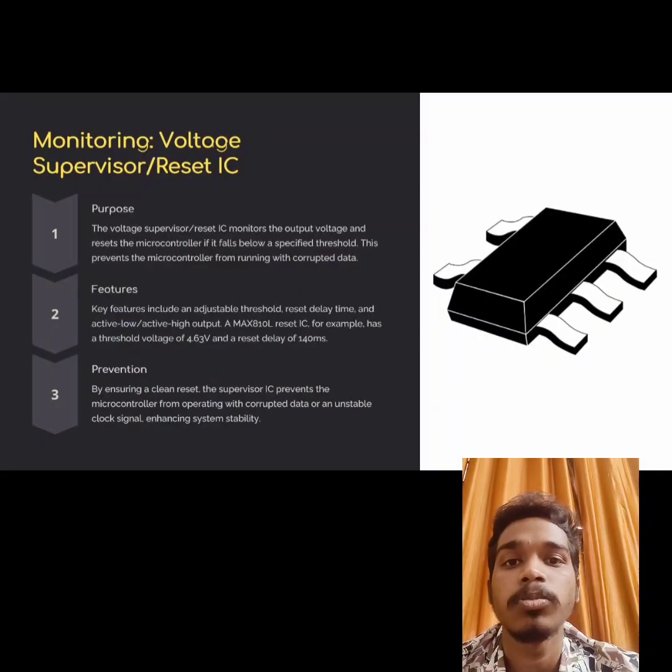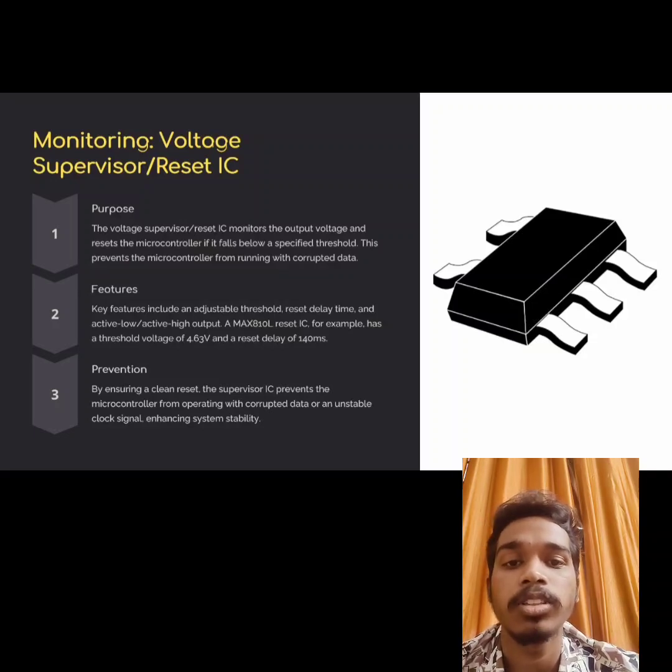So sixth is monitoring, voltage supervisor reset IC. First is purpose. The voltage supervisor reset IC monitors the output voltage and resets the microcontroller if it falls below a specified threshold. This prevents the microcontroller from running with corrupted data. Second is features. Key features include an adjustable threshold, reset delay time, and active low or active high output.